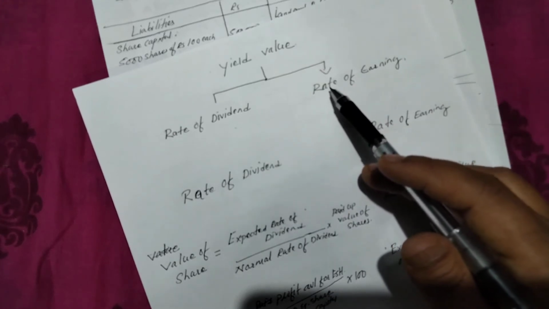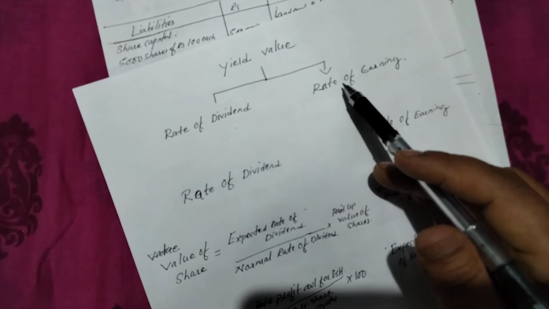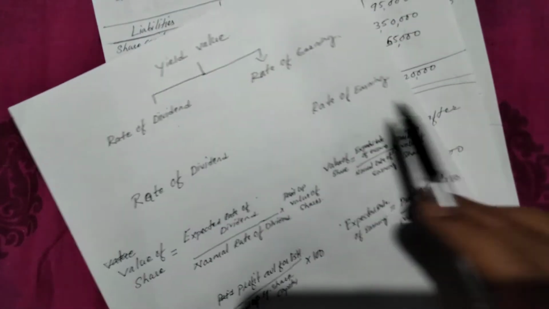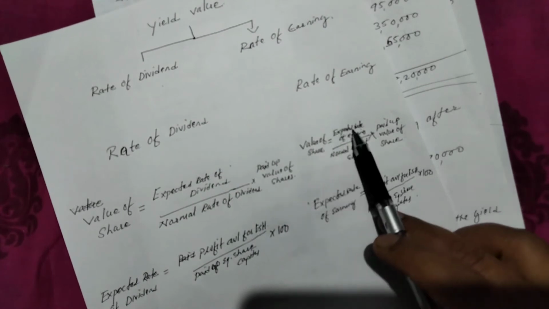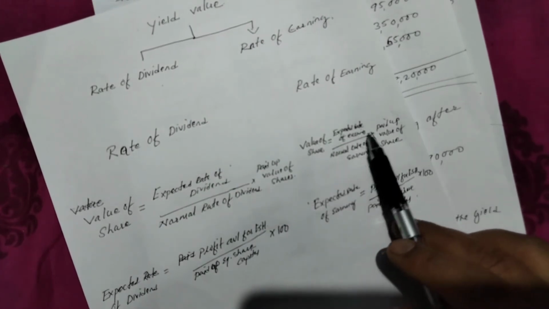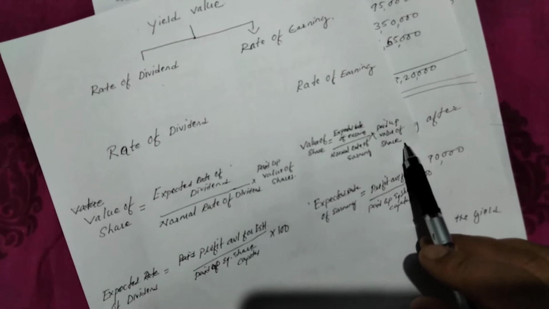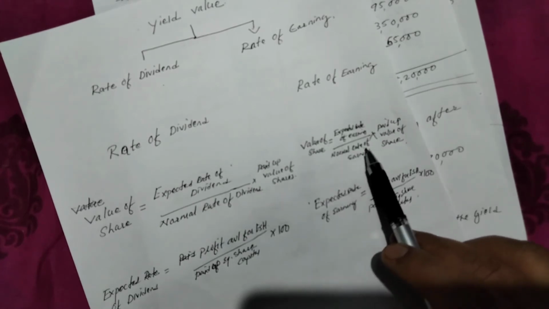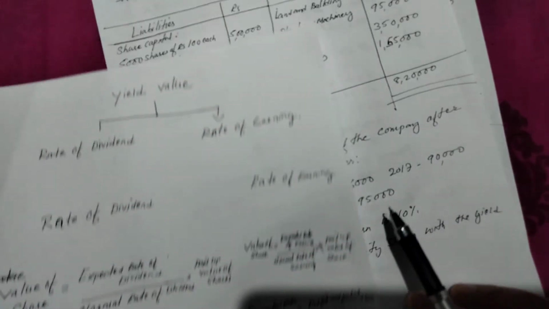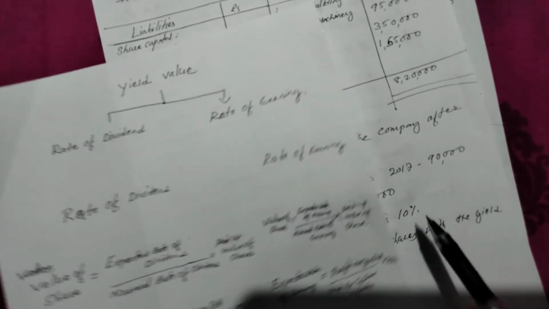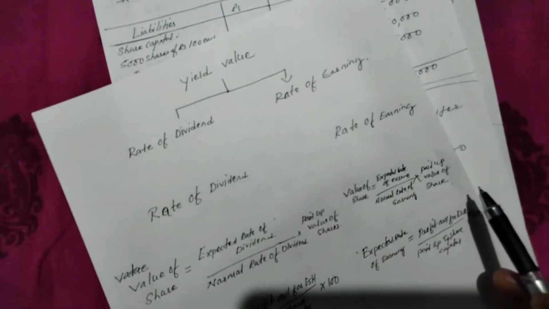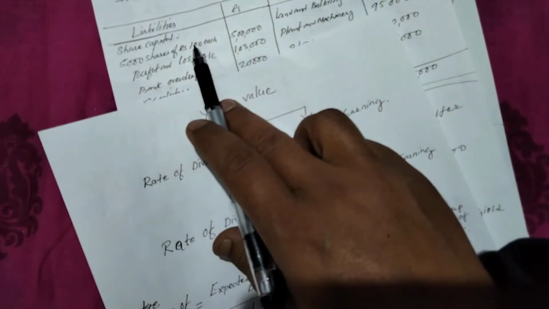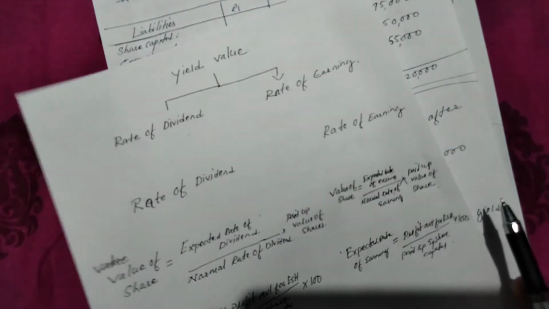So you have to find it through the rate of earning method. Value of share is expected rate of earning into paid up value of share divided by normal rate of return. Normal rate of return is given as 10%. Paid up value of share is 100.